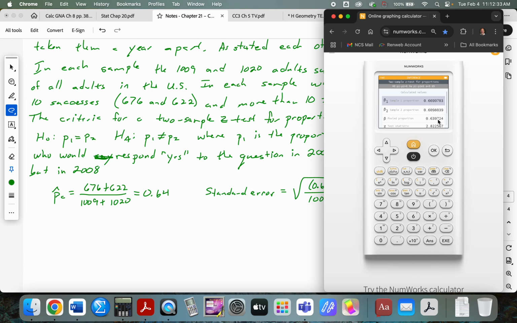That's a pretty big drop. We get the pooled proportion. Notice that's the number that I have here. And they give us the z-test statistic. It's 2.822. This is more than 2 standard deviations away from the mean.